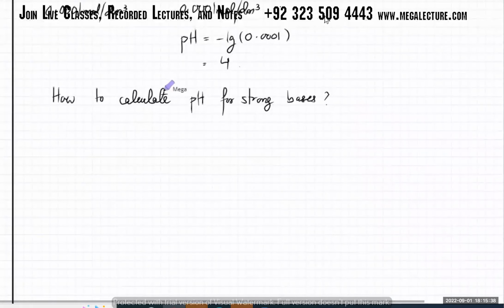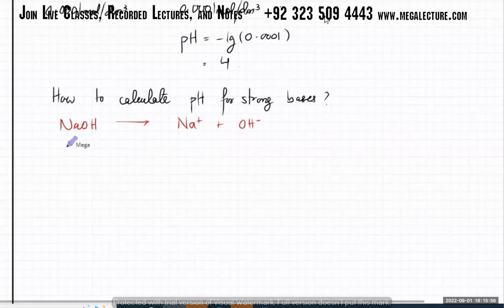What bases do is, like if I have a strong base, I've got NaOH. So NaOH is a strong base and it's going to ionize fully and it's going to produce Na+1 and OH -1 ions.